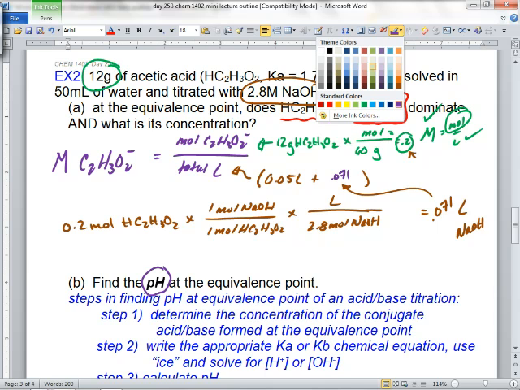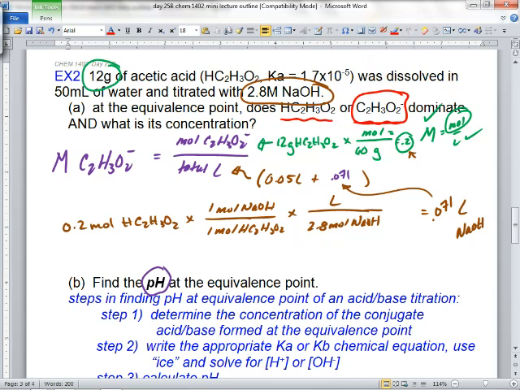So we can get our final answer. Red. Okay. So wait, that's it. 0.2 moles all over 0.05 plus 0.071.